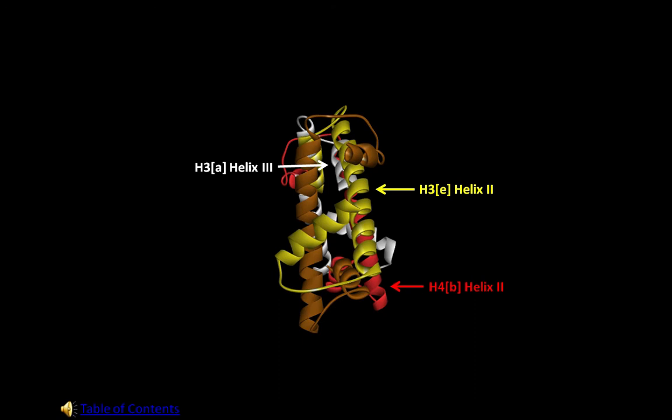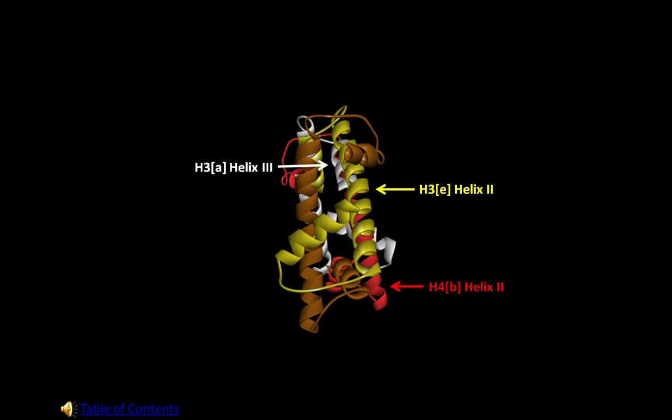It also includes helix 3 of H3a, which, in this view, is barely visible, but which I hope you recall from the frontal view, where we just recently saw it sitting prominently at the apex of the H3-H3 inverted V formation.